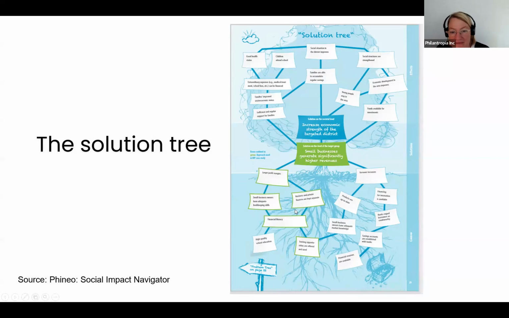If business and private finances are kept separate, that leads to larger profit margins, leads to higher revenues. And if we look at the top, the same things also have effects. If the economic strength of the targeted district is increased, young people stay in the area, social structures are strengthened. These are the same issues that you have in the problem tree, but phrased positively.